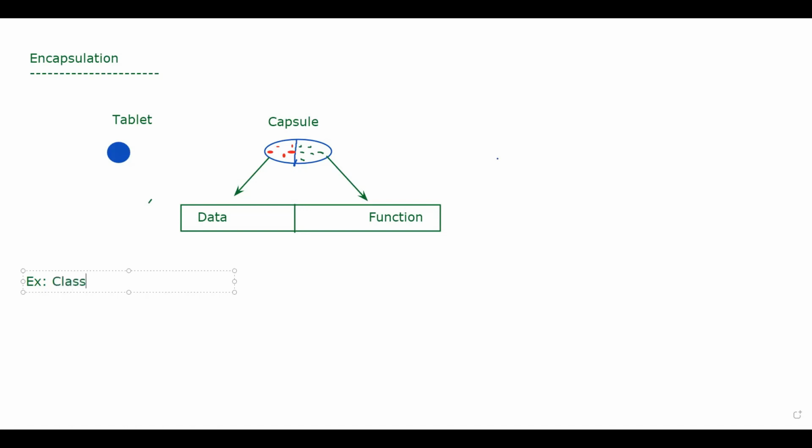Class. What is a class? A class is a combination of members plus methods. That is one example of encapsulation. Likewise, we have one more example called struct, or structure. Class and struct are examples of encapsulation. Here we are wrapping up data and methods into a single unit.